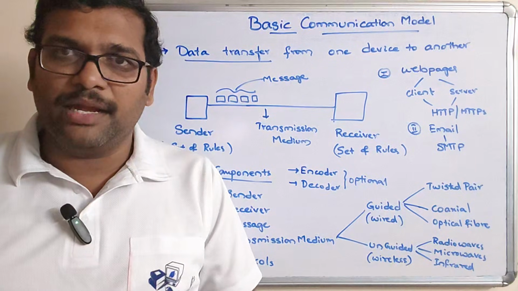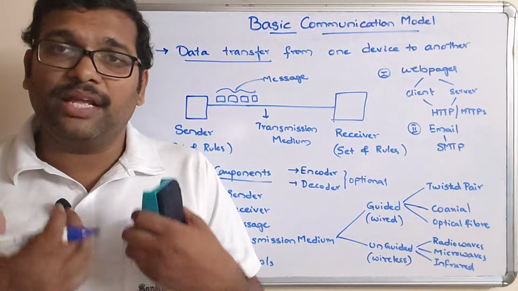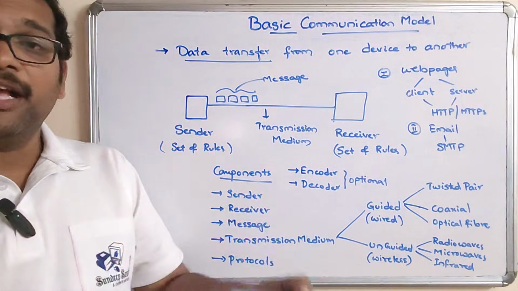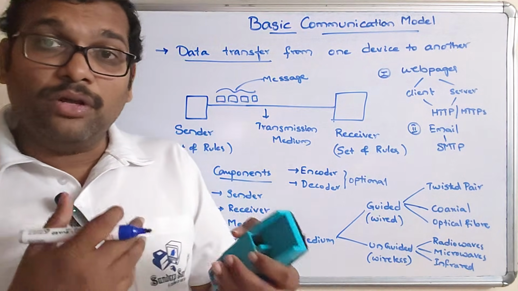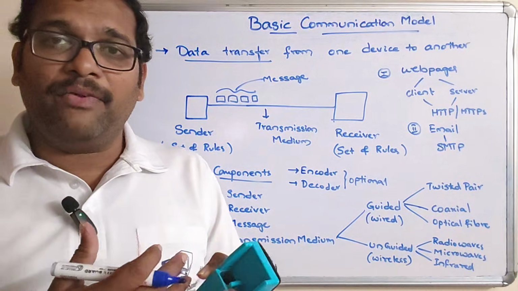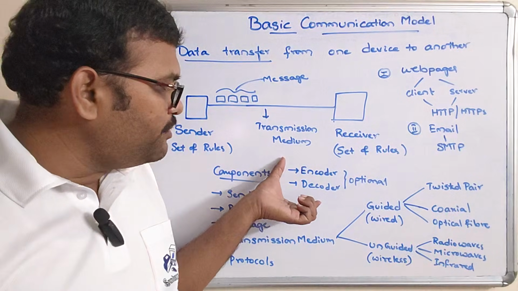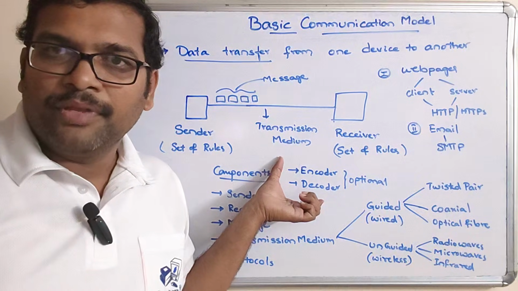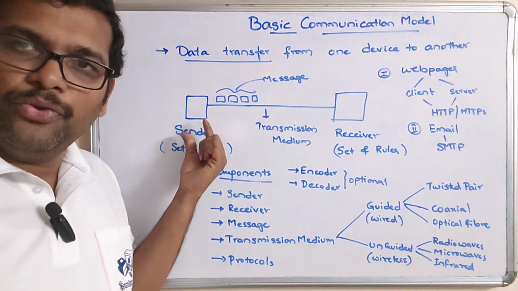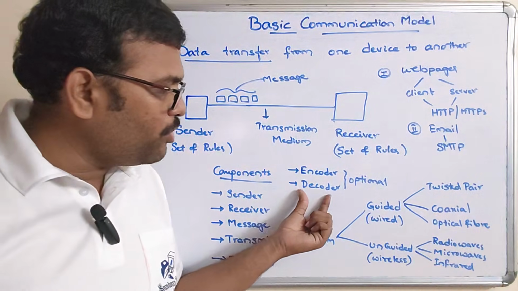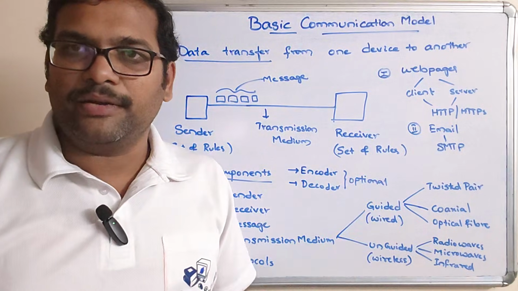Whatever data we give will be in digital format, and that will be converted into analog format. The conversion of the data format is done with the help of these encoders and decoders. The encoder is on the sender side, and the decoder is on the receiver side.